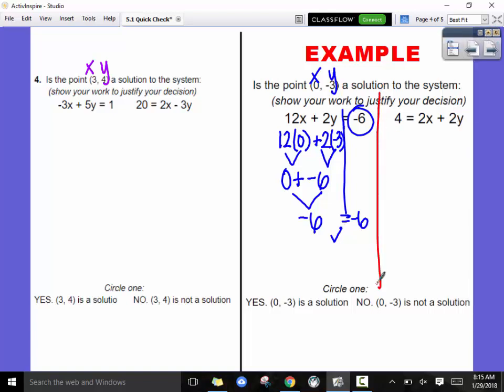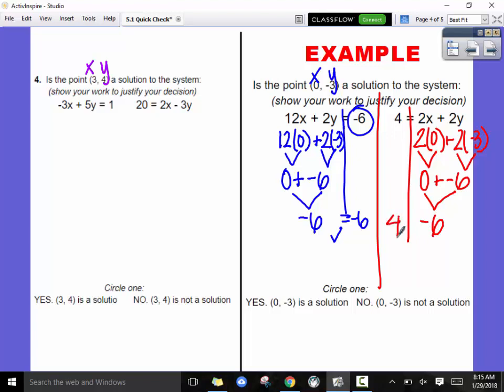For the second equation, it's saying 2 times whatever x was plus 2 times whatever y was is supposed to equal 4. 2 times 0 plus 2 times -3. This is supposed to equal 4. 2 times 0 is 0, plus 2 times -3 is -6. 0 plus -6 is -6.